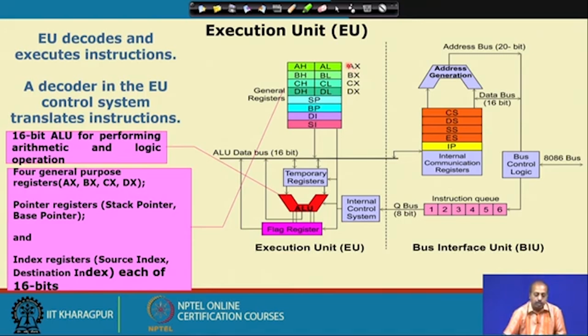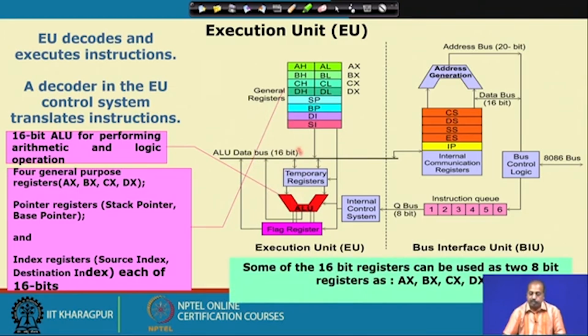There are some more 16 bit registers: the stack pointer SP, the base pointer BP, and the index registers SI and DI. SI stands for source index and DI stands for destination index. These SI and DI registers are very much used for string manipulation and block transfer of data.